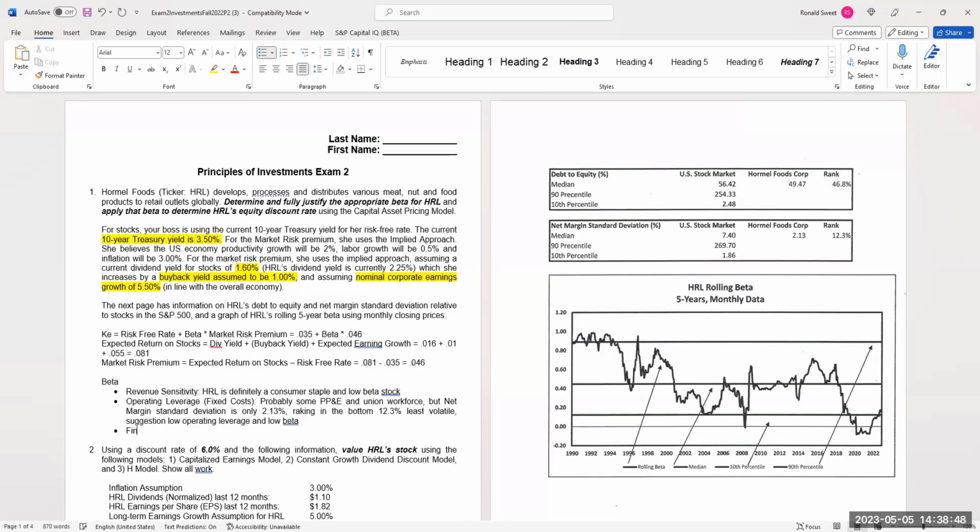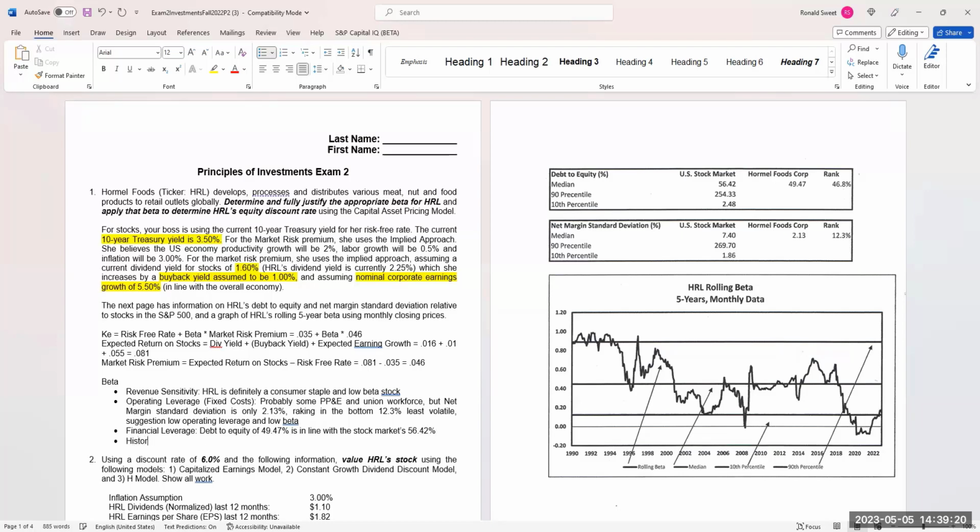And then financial leverage, probably the easiest one of all. Here we look over at the table on debt to equity. Their debt to equity of 49.47% is in line with stock markets, 56.42%. Slightly lower, but not too far.